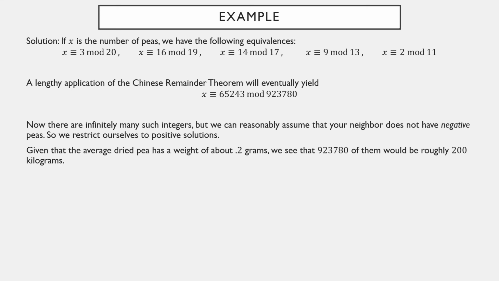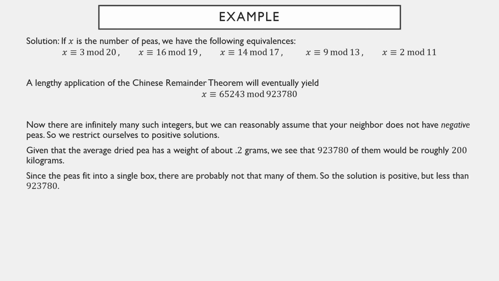And as we all know, your average dried pea has a mass of about 0.2 grams. And 923,780 of them would therefore be about 200 kilograms. We started out counting peas that were in a cardboard box, and I don't think we can fit 200 kilograms of dried peas into a single cardboard box. So the solution should be a positive integer, but it shouldn't be as large as 900,000.